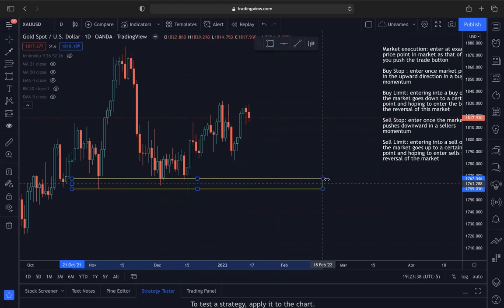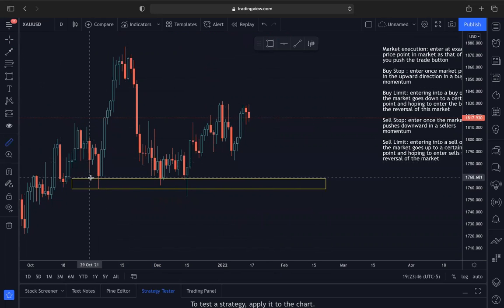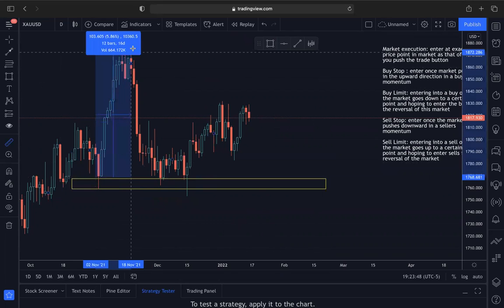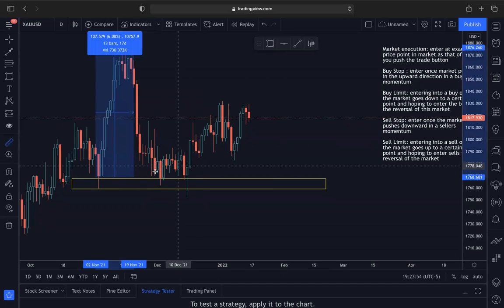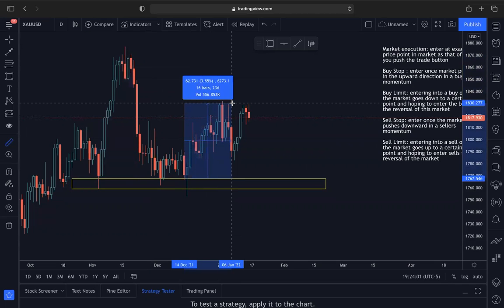We're looking at this area as a strong area of support that continues to go away every time we hit this area. The first time was about 1,000 pips. And then the second time we go for as high as 600 pips.